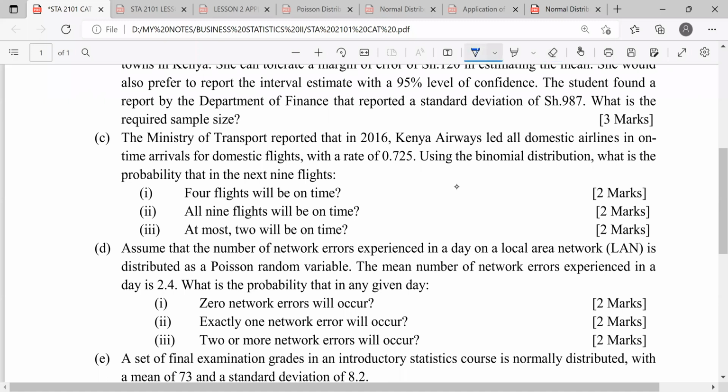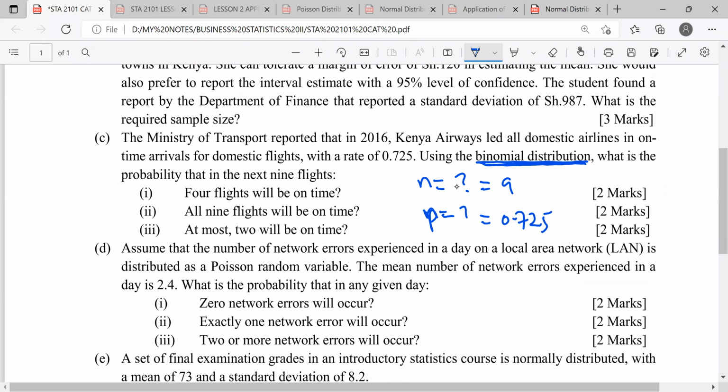As mentioned earlier, if you know that you're going to work with the binomial distribution, if you assume that the random variable follows a binomial distribution, you need to answer those 2 questions. What is N and what is P? N is the number of flights, which is 9, and P is the probability of success, which is 0.725.